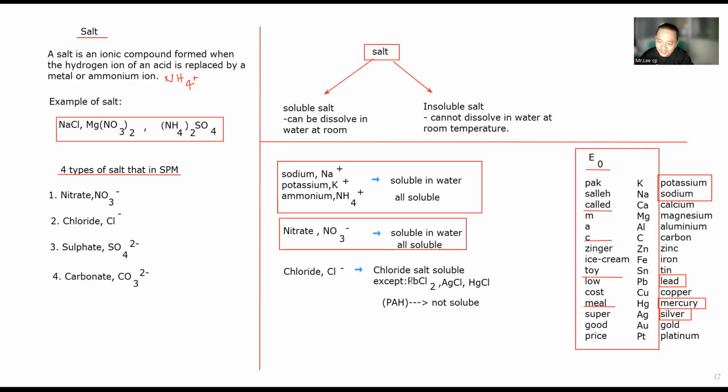Not potassium, but lead, silver and mercury. Okay. So far, okay. So all nitrate salts are soluble. Don't care what kind of nitrate. Even lead nitrate, silver nitrate, also soluble. Okay.